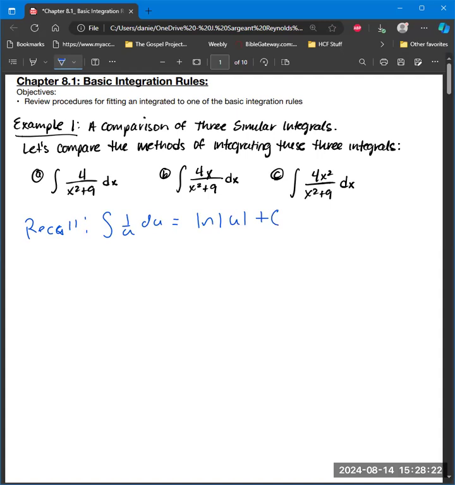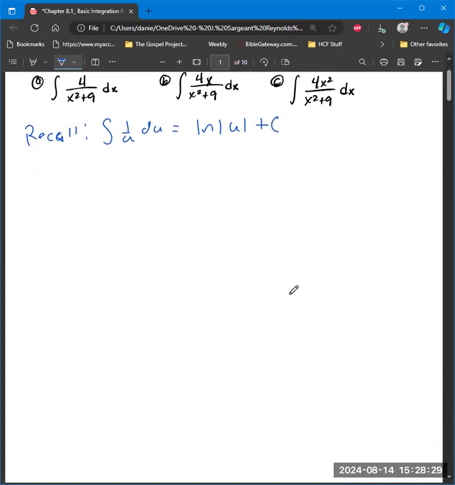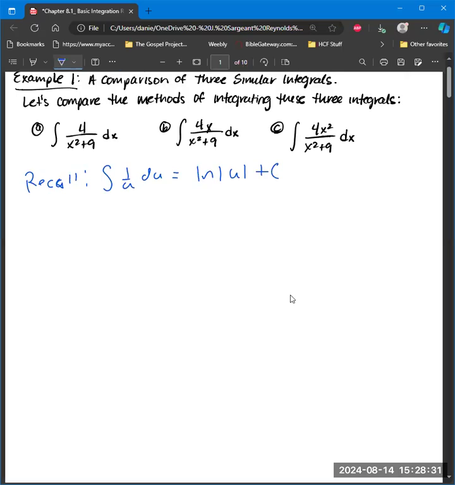It's a basic integration rule. So if we try to do that with number 1, or with letter A, it won't work, because if u is equal to x squared plus 9, du is going to be 2x dx. That's going to fit with b.